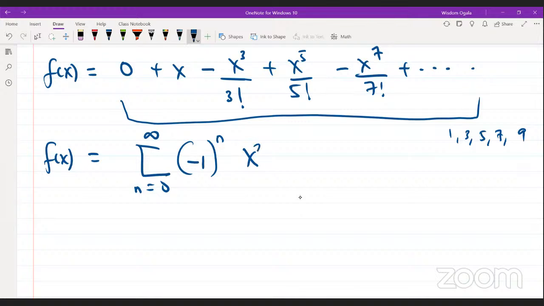So that means the exponent is going to be 2n plus 1. When n is 0, we plug things in and see if we're really correct. Divided by, look at the bottom too, the same thing, 2n plus 1, but in this case you have a factorial.